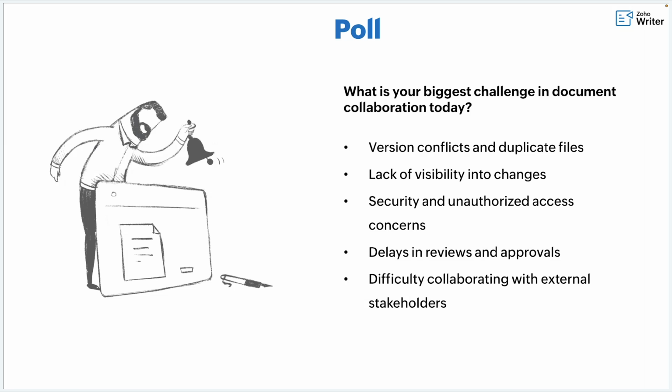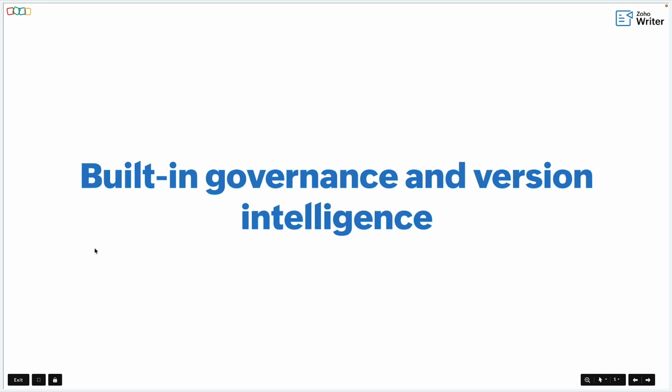One of the biggest risks in collaborative environments is losing control over document changes. That is true. In many traditional workflows, teams share files over email or shared drives, which leads to multiple copies, version confusion, and sometimes even permanent data loss. Zoho Writer approaches collaboration differently.